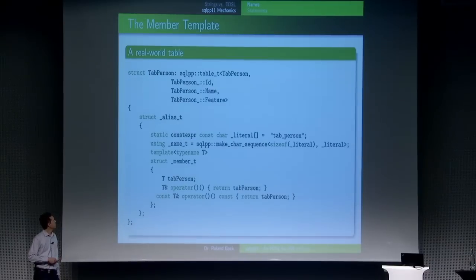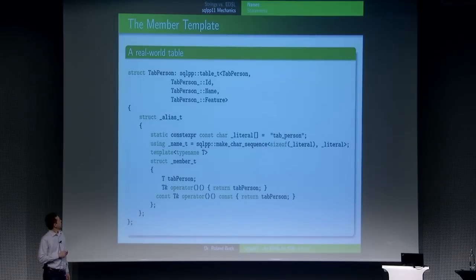All right. Now, tables are similar in the body, so they again have this on the inside, this thing that turns a string literal into a type, and they again have this member template. So, well, you can use the name of this table anywhere, right?